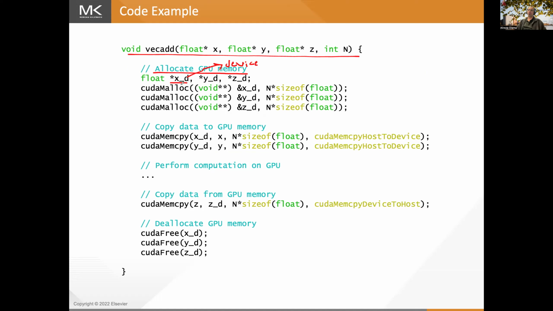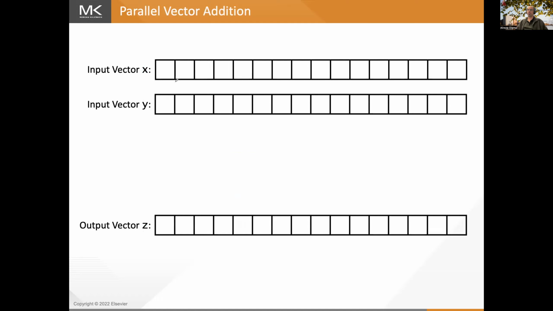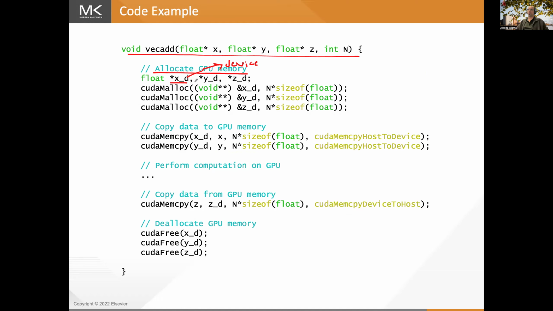If you want to allocate some memory on the host, you should name it like the name underscore h, and h stands for the host. All right. So we first define the pointers for X, Y, and Z, right, on the device.